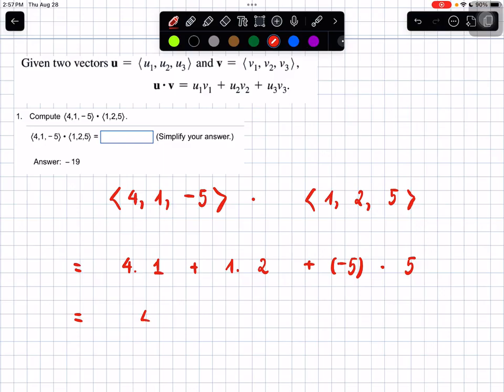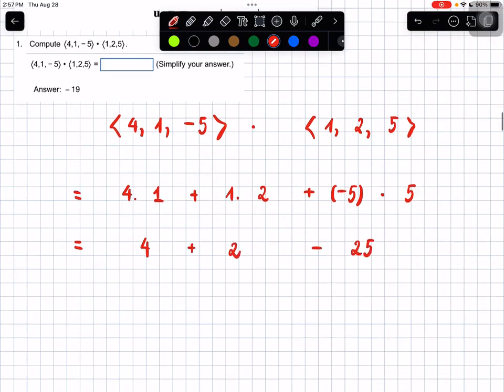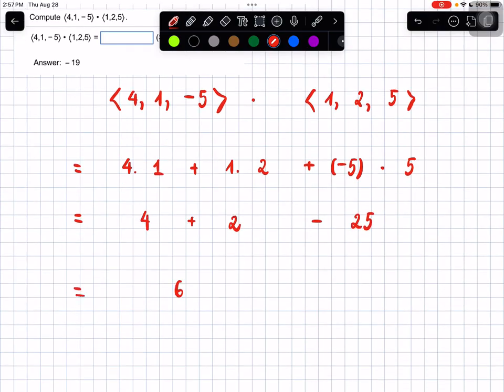So we have 4 plus 2 minus 25, so 6 minus 25, which is -19.